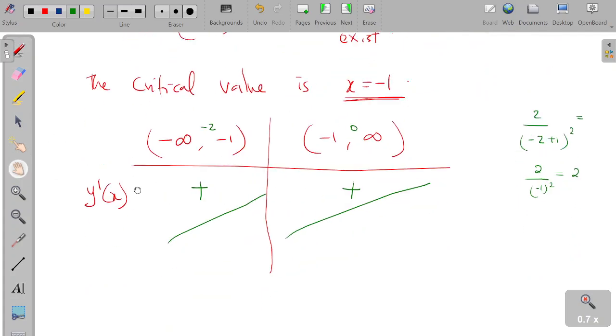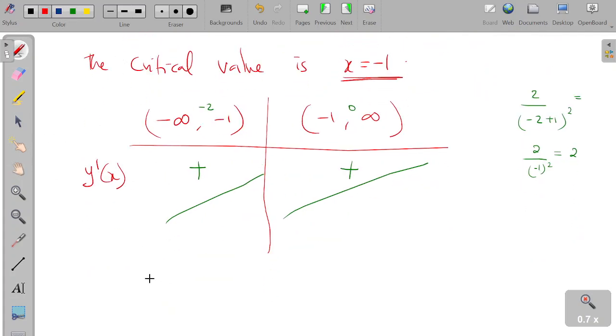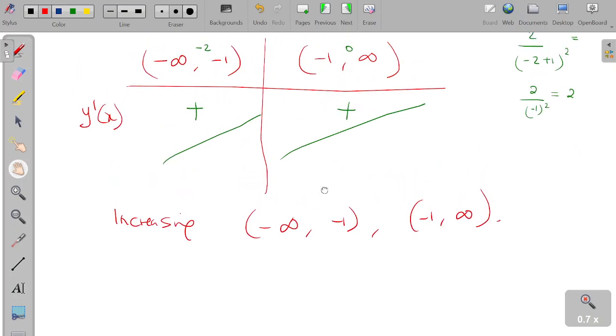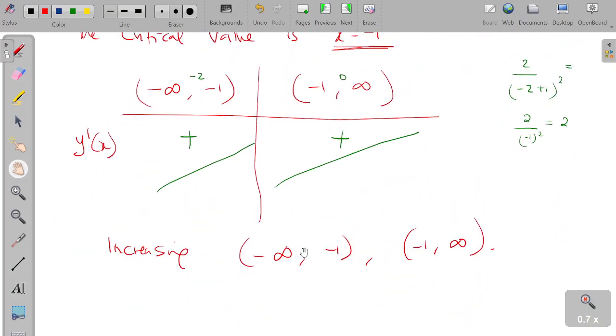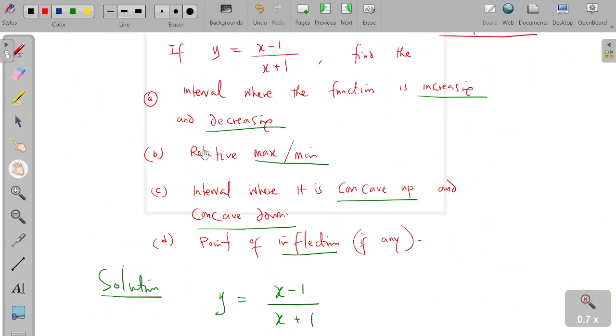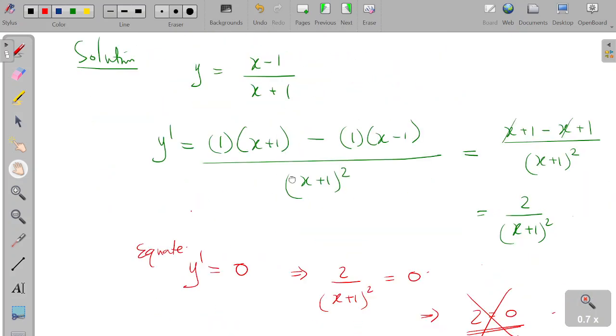So we see that the function is increasing on both intervals, so there are no decreasing intervals in the function. Now, relative maximum or minimum.